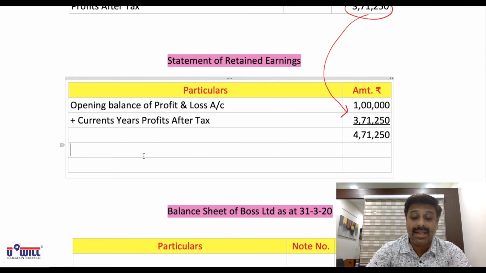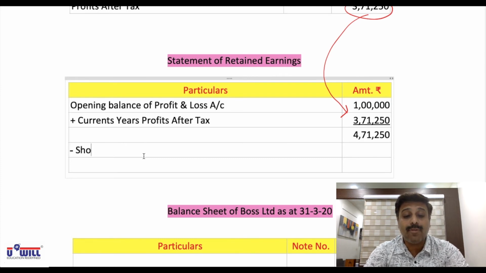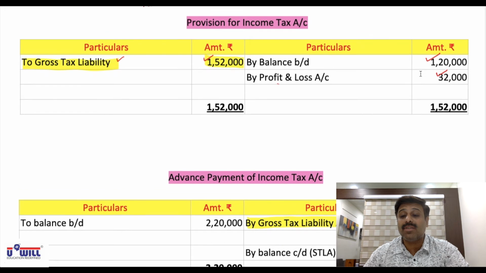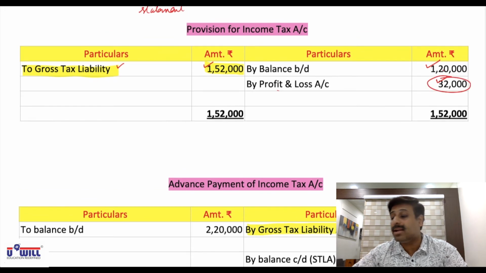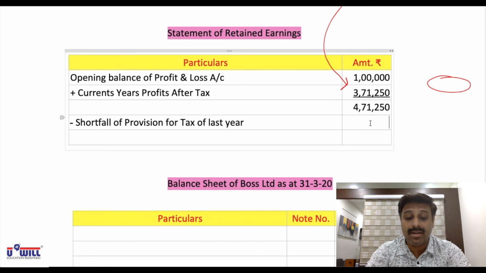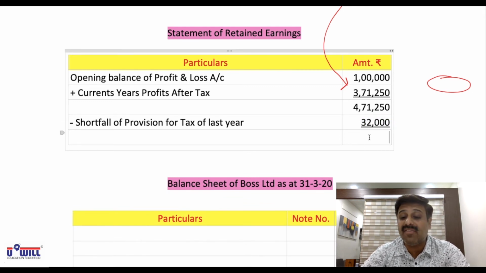From that we have to minus the shortfall of provision for tax of last year. What was the shortfall of provision for tax of last year which we provided from the current year? 32,000. That we will minus in the statement of retained earnings. So what is the amount of balance that will be carried forward to the balance sheet? 471,250 minus 32,000.